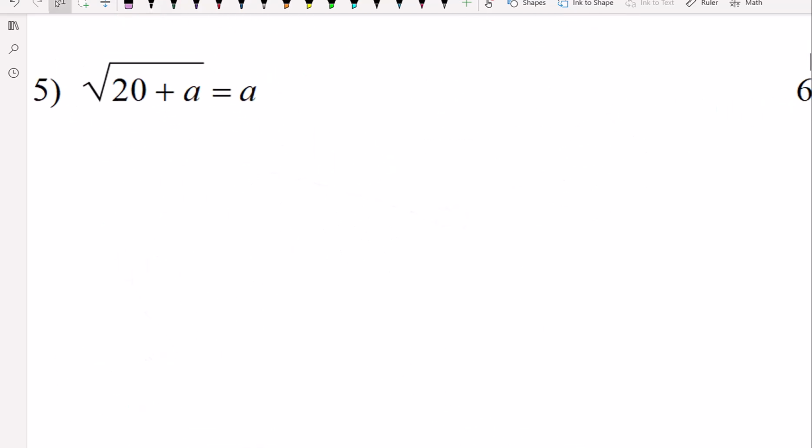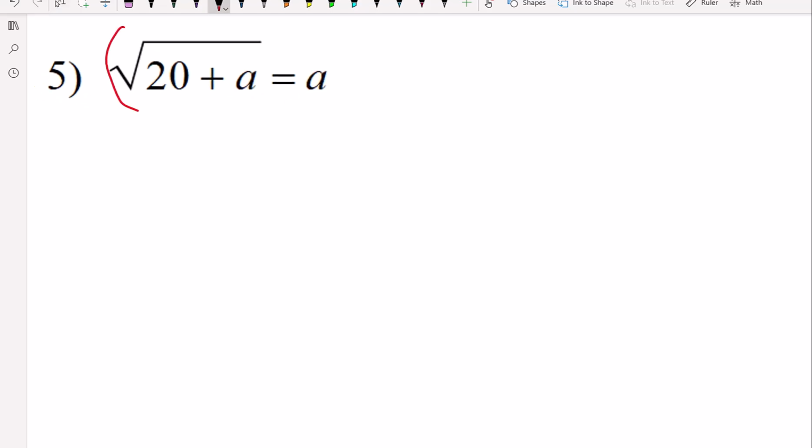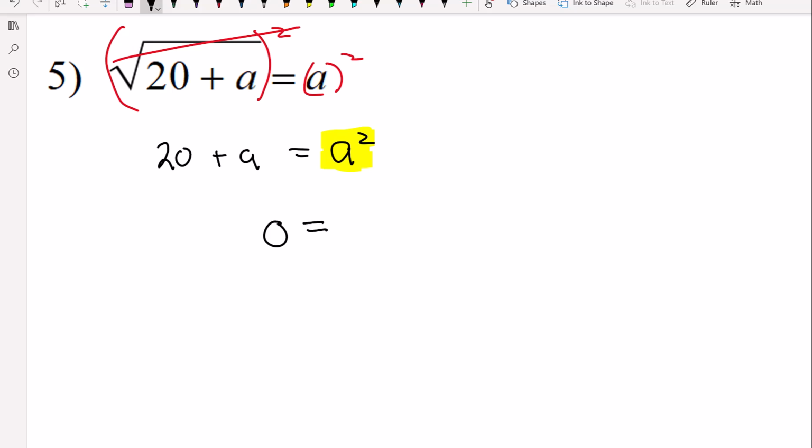Now, the ones where both sides are not radicals, you start off the same way. So we're going to square both sides. Now, this is where it gets a little bit more complex. Notice what we have. We have a quadratic term, something squared. And on quadratics, we need to zero out one of the sides.